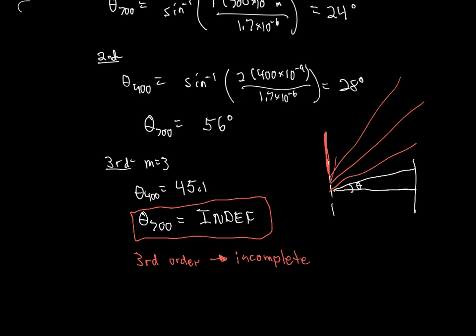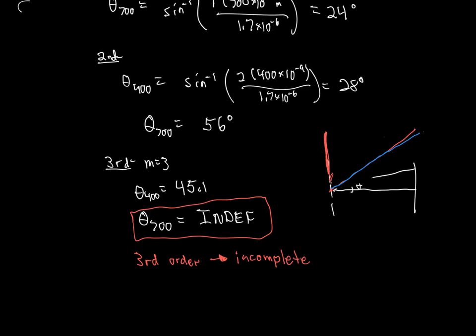Okay, so what this would look like on this screen, let's see if I can draw this. If an angle from the higher order is lower than an angle from the lower order, then they overlap. Something like the red might be diffracted 56 degrees, and some blue from the next one might be diffracted 45 degrees.